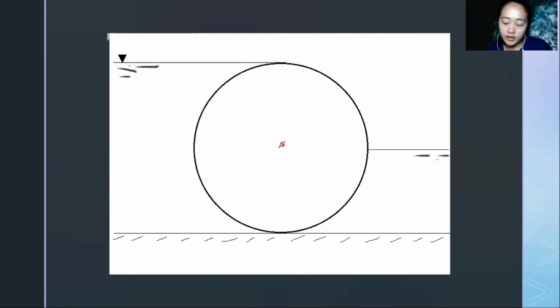So the resultant force is somewhere here, which is almost 60 degrees. Here is theta, F R.